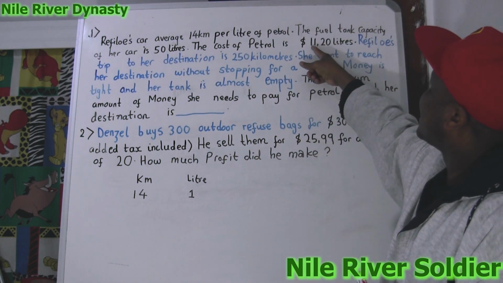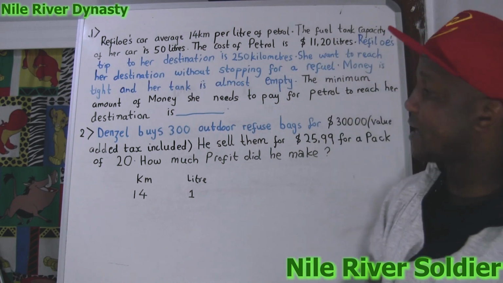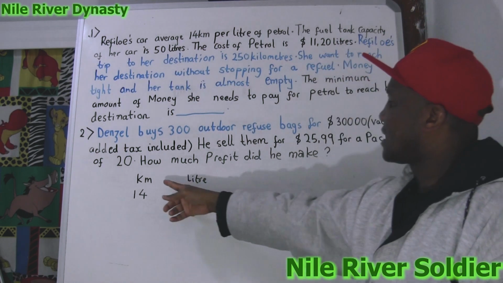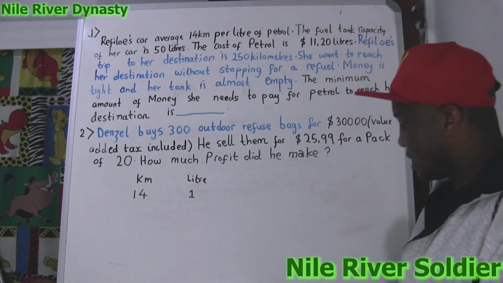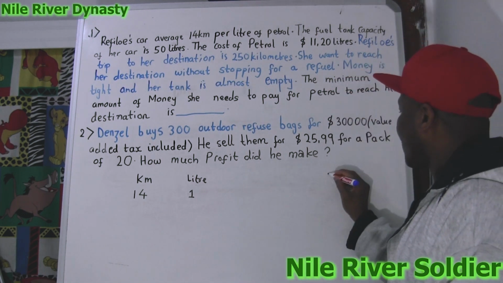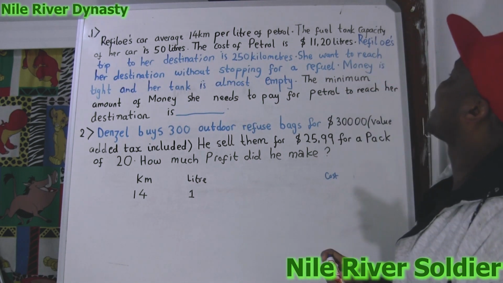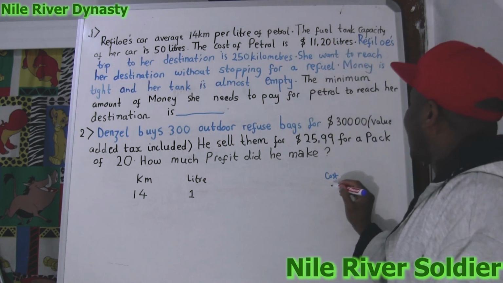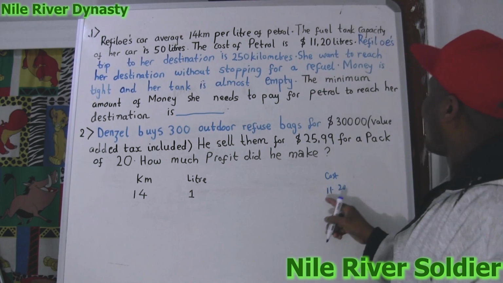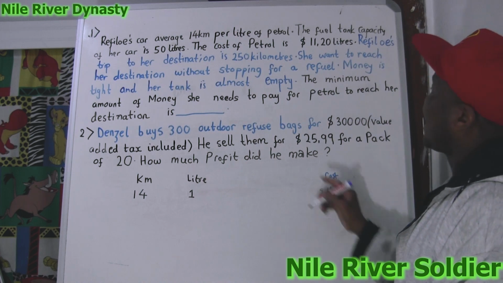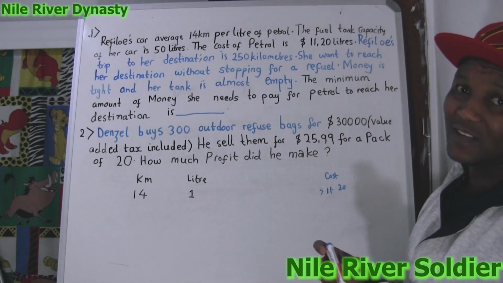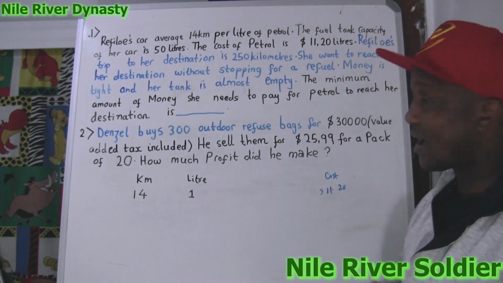The cost of petrol is this for 1 liter. So now there are three things: kilometer, liter, and the cost. Let's leave the cost aside, because if 1 liter is $11 and I fill the full tank, I'm going to pay $11 times 50. For now, I don't know how long I'm going to travel.